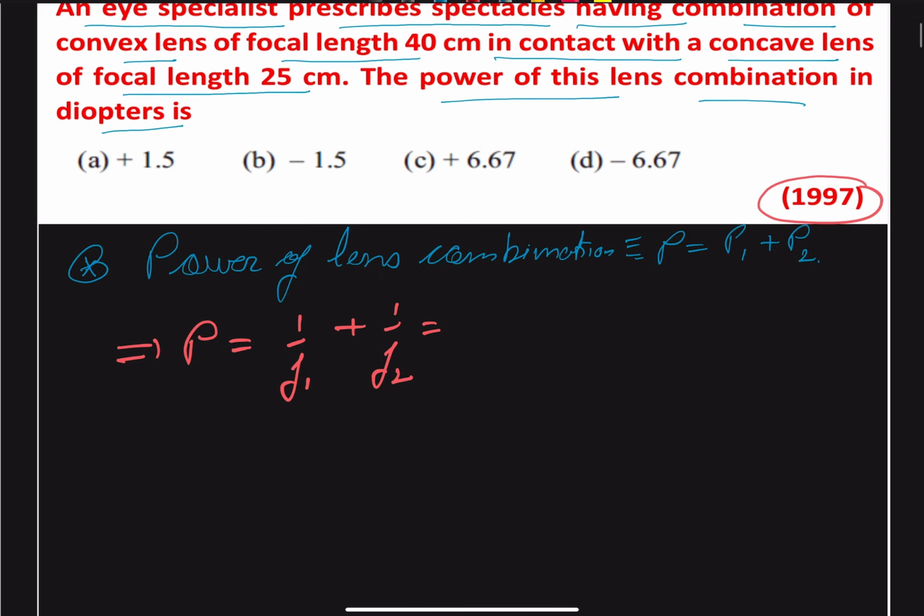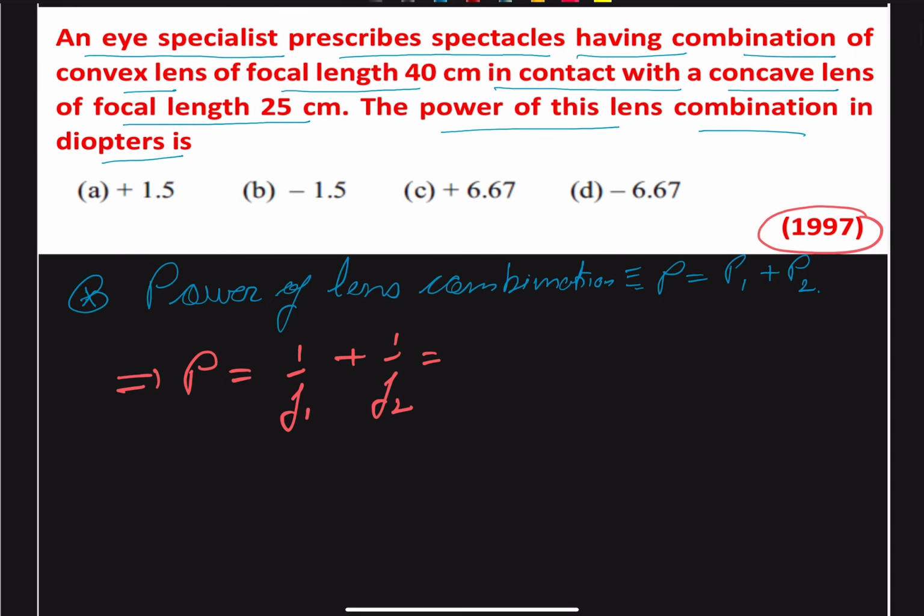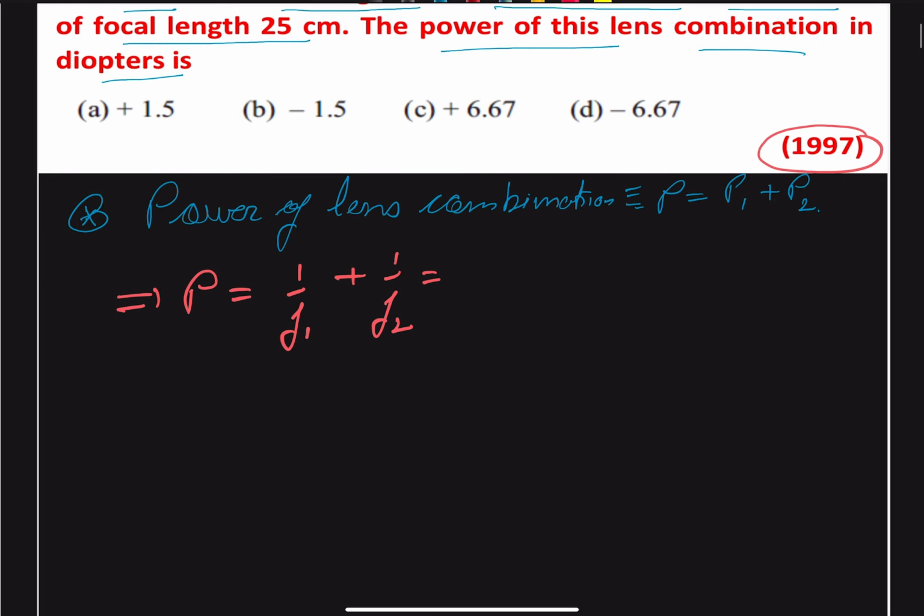And the focal length is given in centimeters, 40 centimeter, 25 centimeters. So therefore we can write this as 1 upon 40 plus 100 upon minus 25, because for concave the focal length is taken as negative and for convex the focal length is positive.